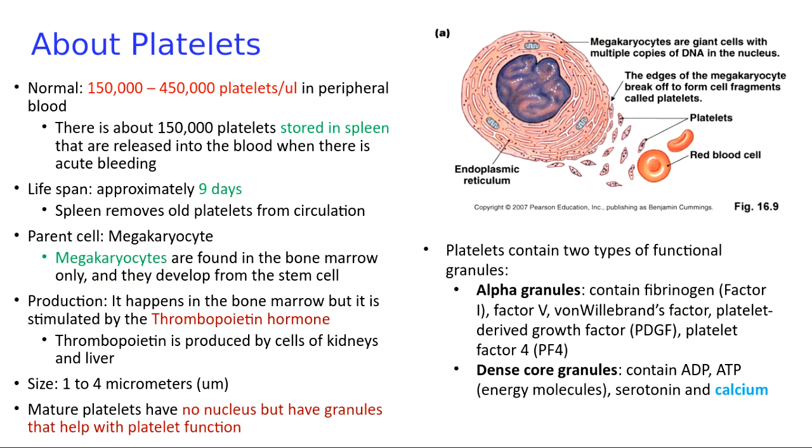There's a hormone that will tell the bone marrow to make more platelets when needed. This hormone, produced mainly in the kidneys, is called thrombopoietin. So remember, thrombopoietin is the hormone that stimulates the bone marrow to make more platelets.